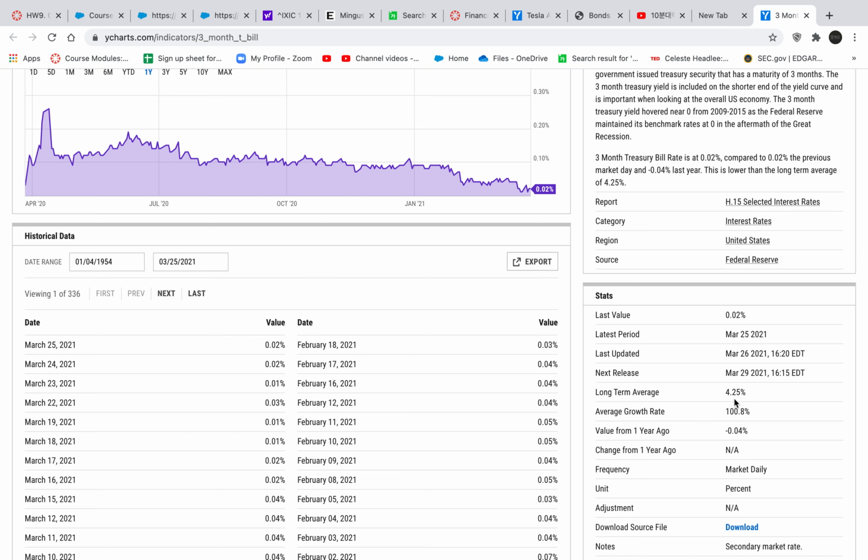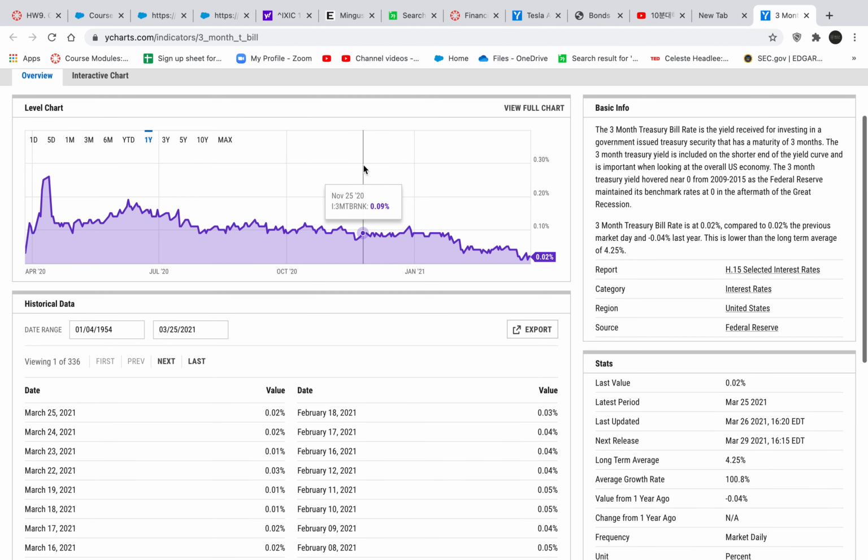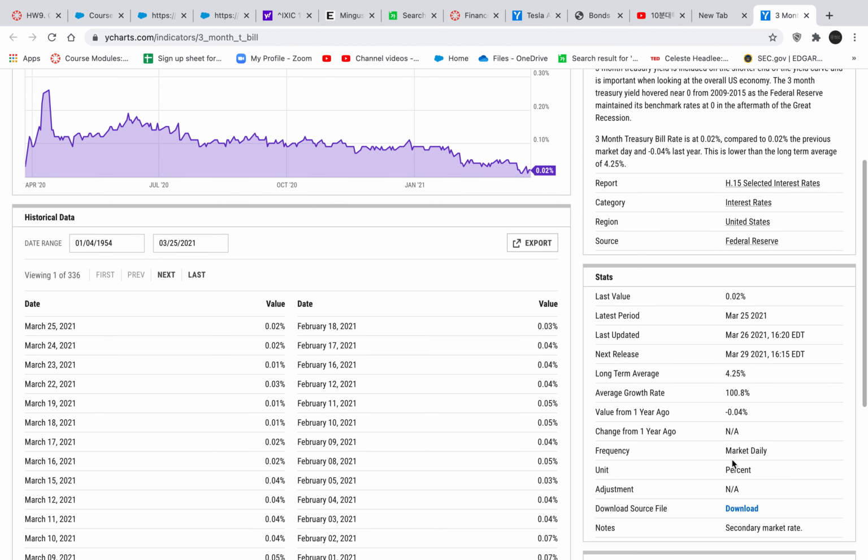The long-term average is 4.25%. The 0.02 is not applicable for all the historical treasury bill rates. It's unusual. So usually they have a long-term average like 4.25%, which can be higher or lower. So we put this long-term average here.